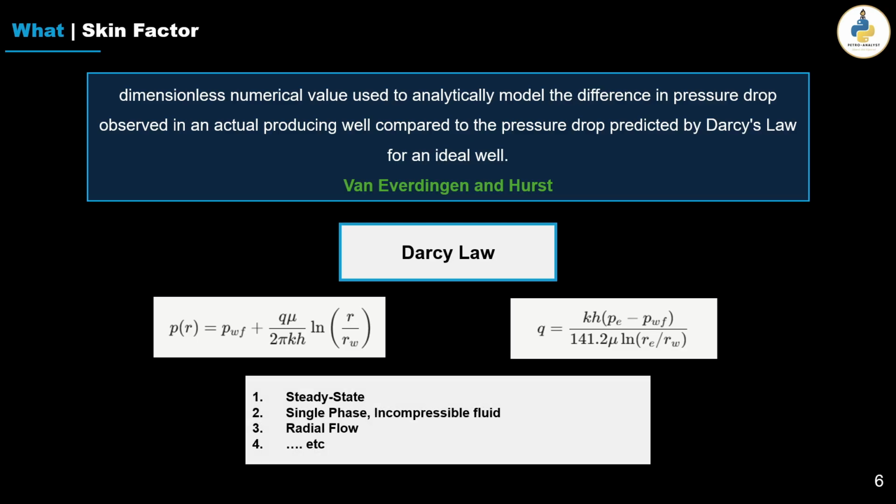This equation is for the steady state. The assumptions of this equation are that we have a steady state flow regime, constant reservoir pressure at the outer radius, a single phase incompressible fluid, radial flow, and all the assumptions of Darcy law.